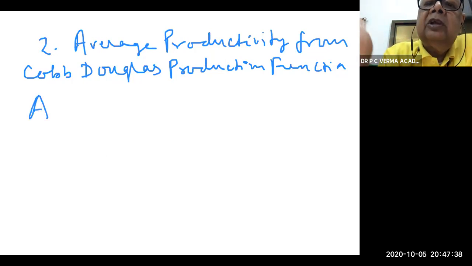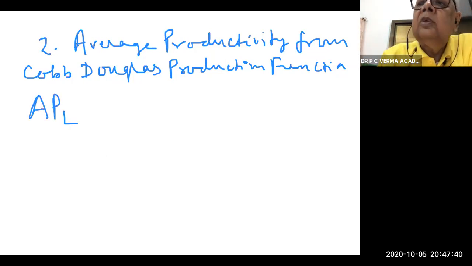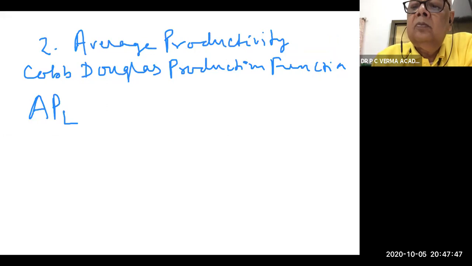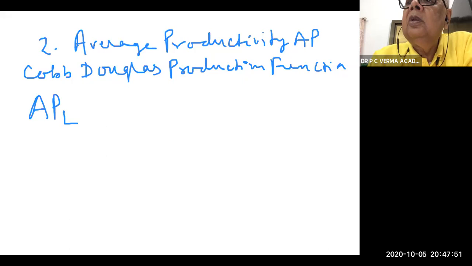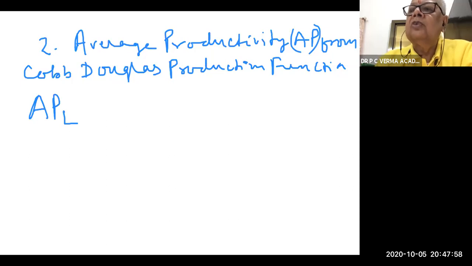Average productivity of labor, APL, from the Cobb-Douglas production function.